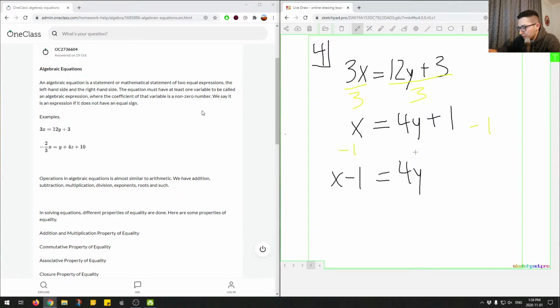And then finally we divide everything by 4, so this divided by 4 and this divided by 4. We end up with 1 over 4x minus 1 over 4 equals y. So here we've isolated for y to find that value.